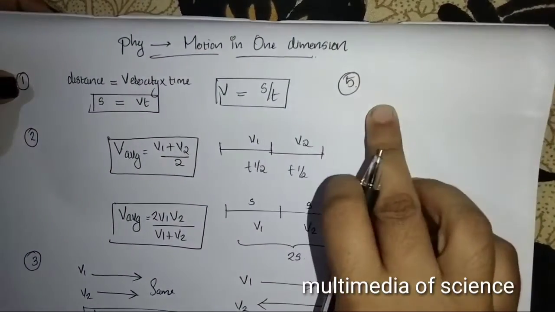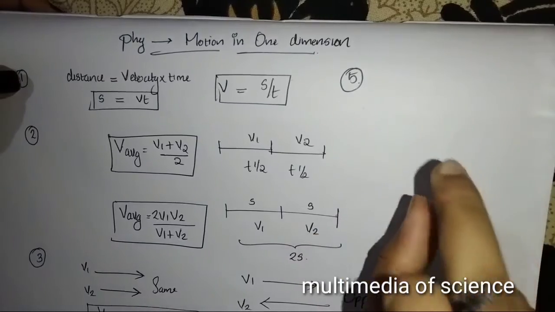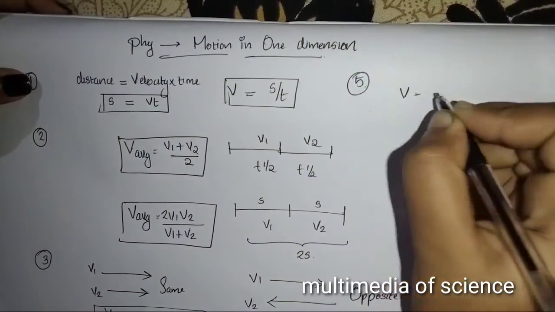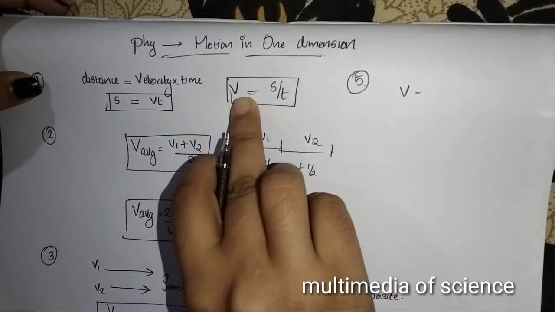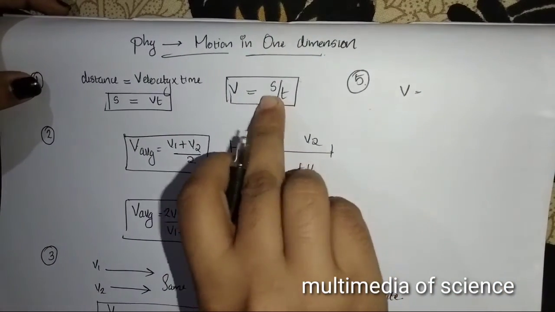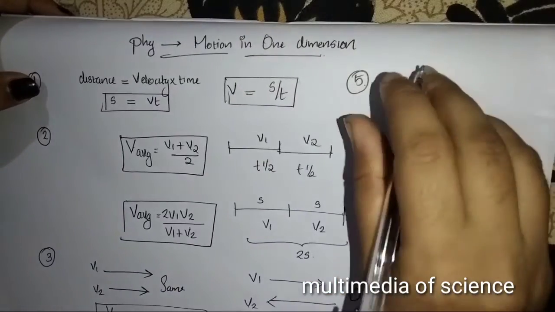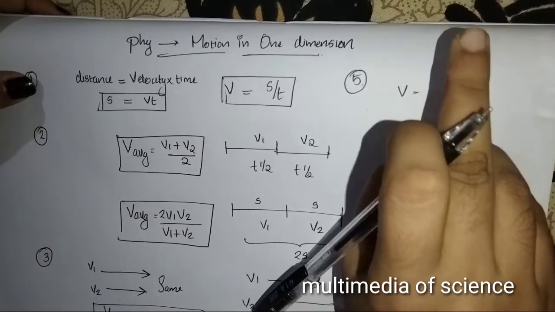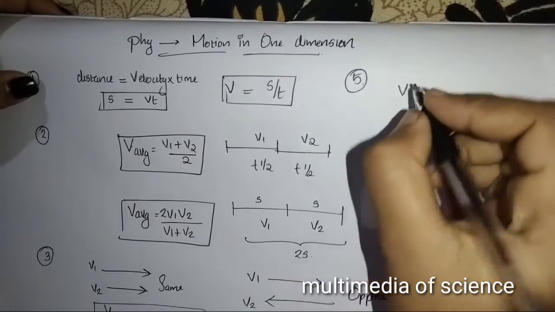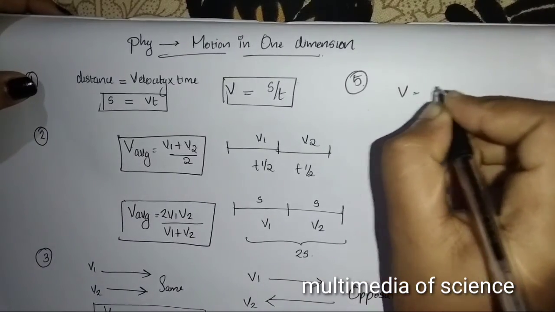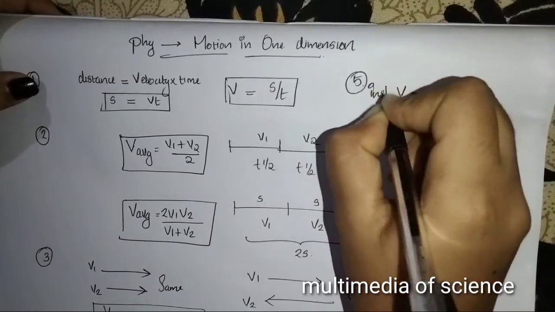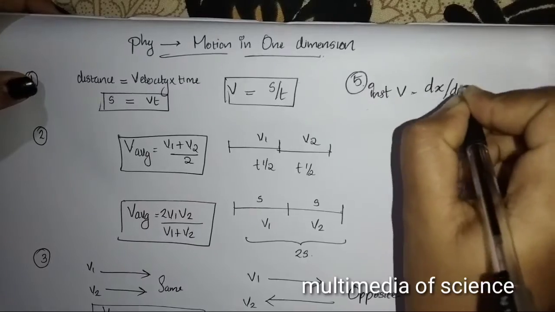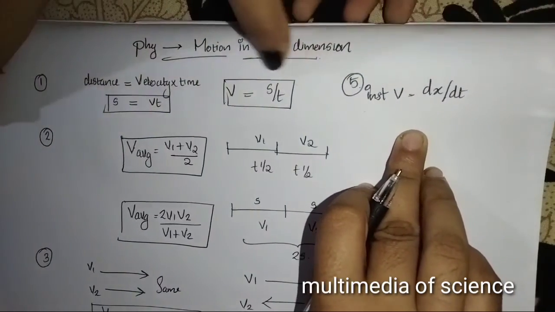Then the fifth point is about instantaneous velocity for any motion. Velocity is equal to s by t, which means distance by time. For instantaneous velocity, it is dx by dt, where x is the distance.